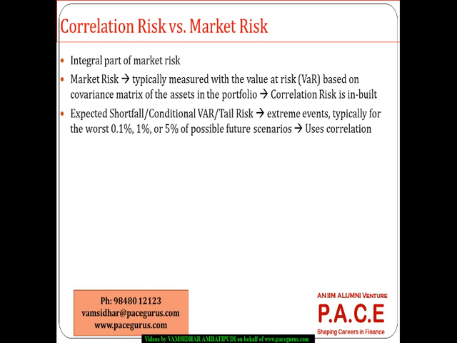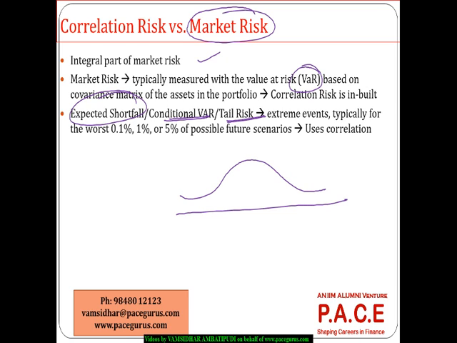Now, looking at how correlation is linked with other forms of risk, we have already discussed market risk. Correlation is an integral part of market risk because VaR, value at risk, typically takes the correlation between the assets. So correlation is inbuilt. The same logic goes for expected shortfall, also called conditional value at risk or tail risk, which focuses on extreme events: the expected losses beyond a certain level.